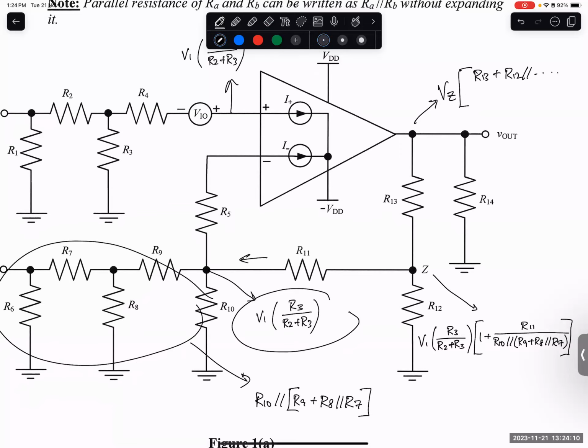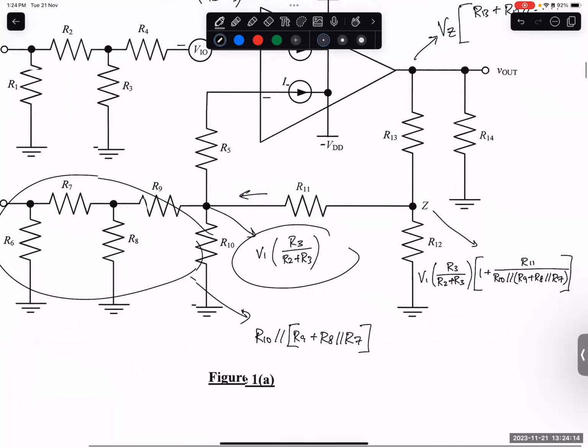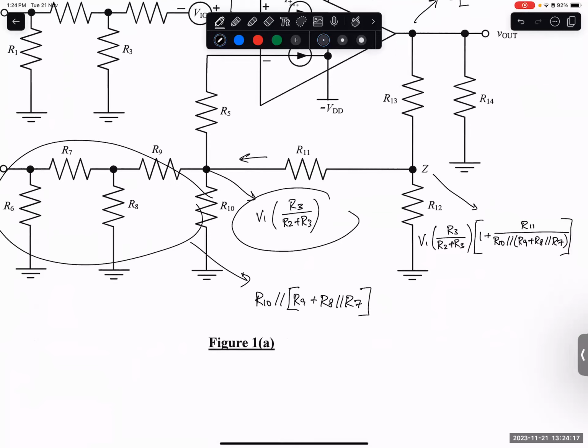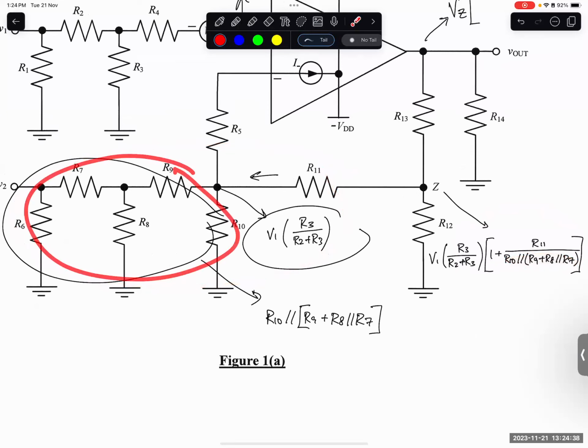No, the 1 plus is equal to, because of this term plus R11, divided by this one.